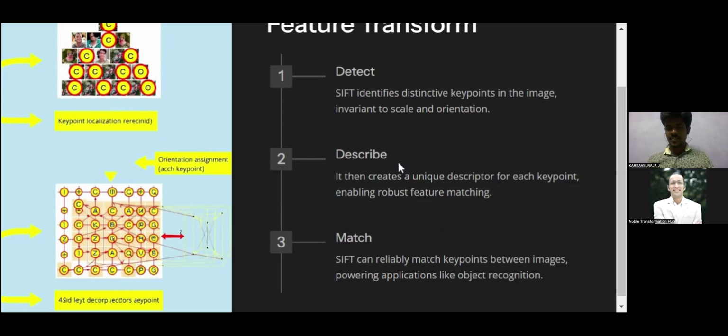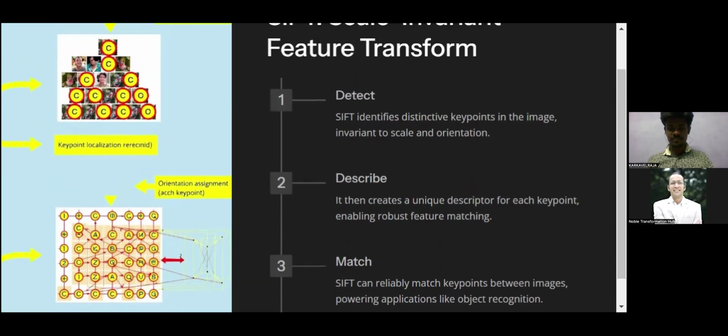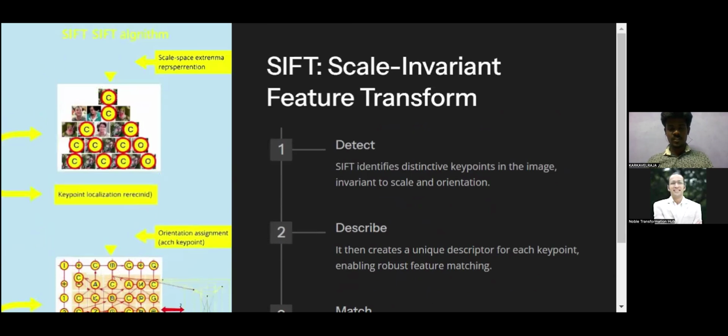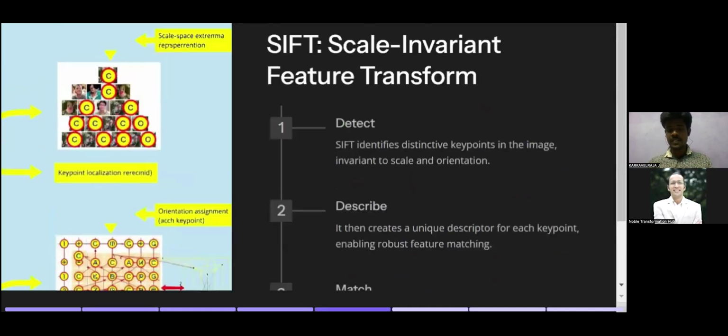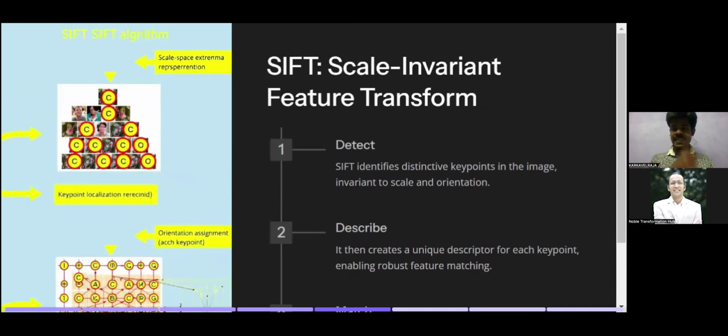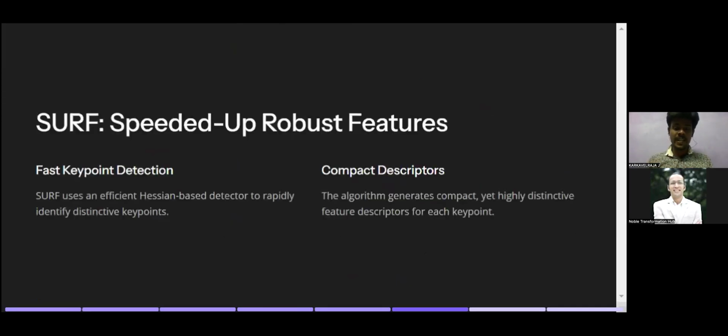Let's move on to the next slide. SURF is another feature extraction technique. We have discussed SIFT, and now we're going to discuss something different, called SURF, Speeded Up Robust Features.